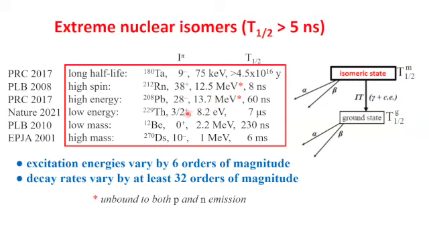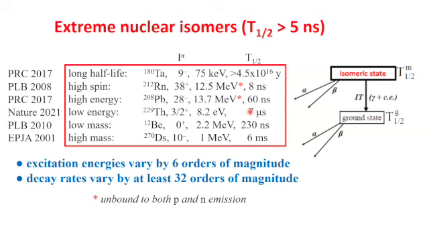The lowest energy isomer is of great interest these days. Its energy has been pinned down to just 8.2 electron volts, and its half-life is 7 microseconds in a neutral atom.